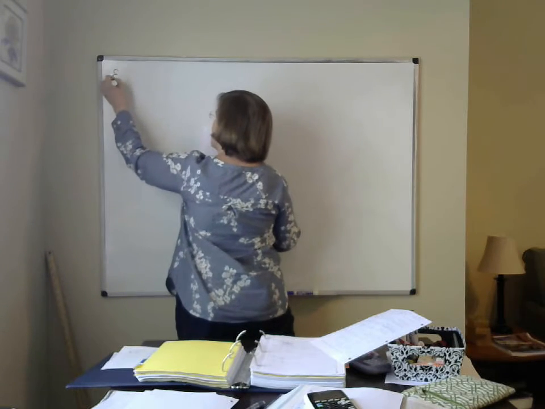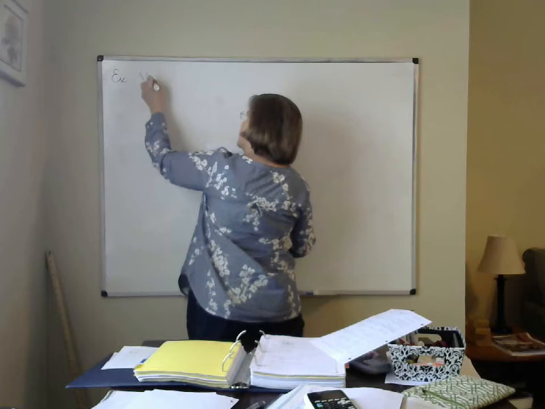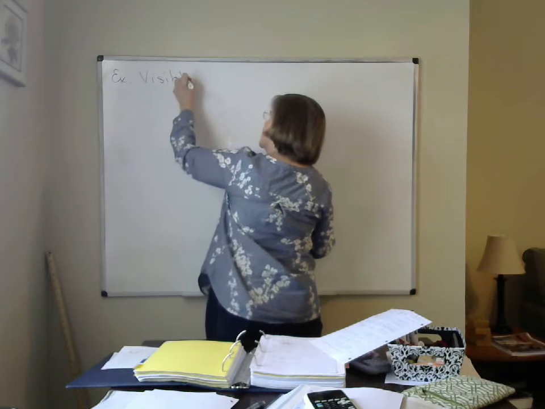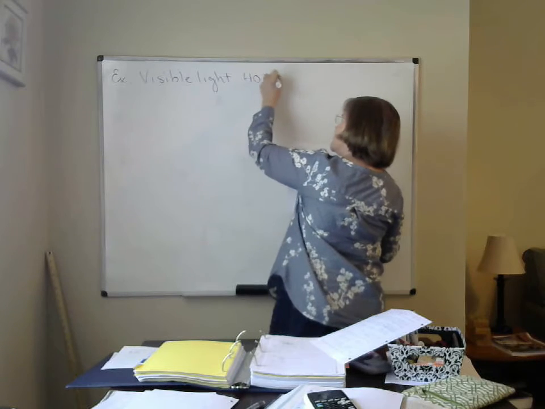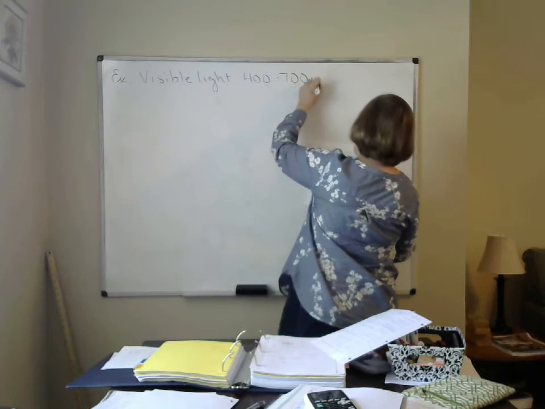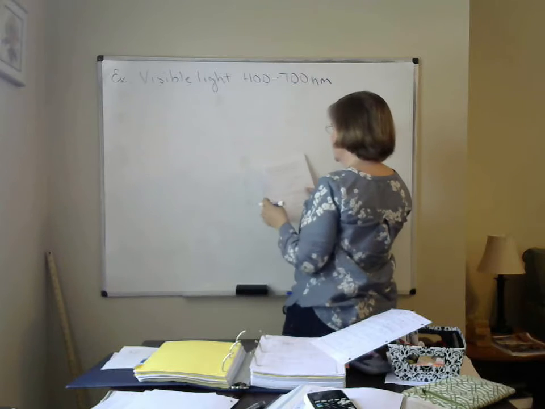We know that visible light is 400 to 700 nanometers. That's the wavelengths for visible light.